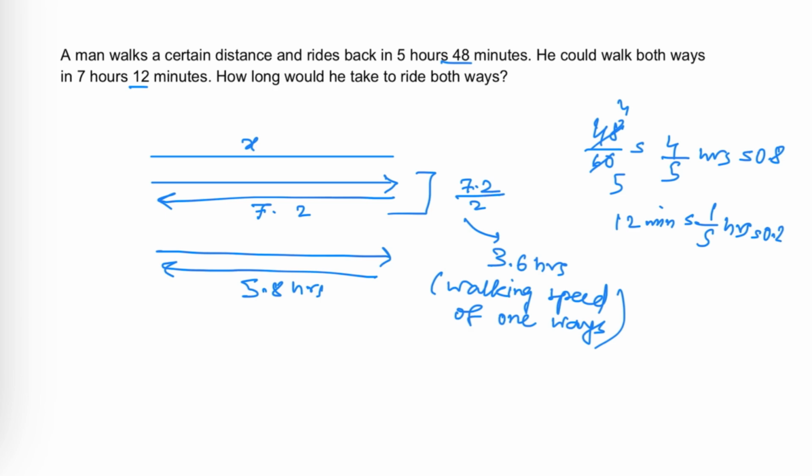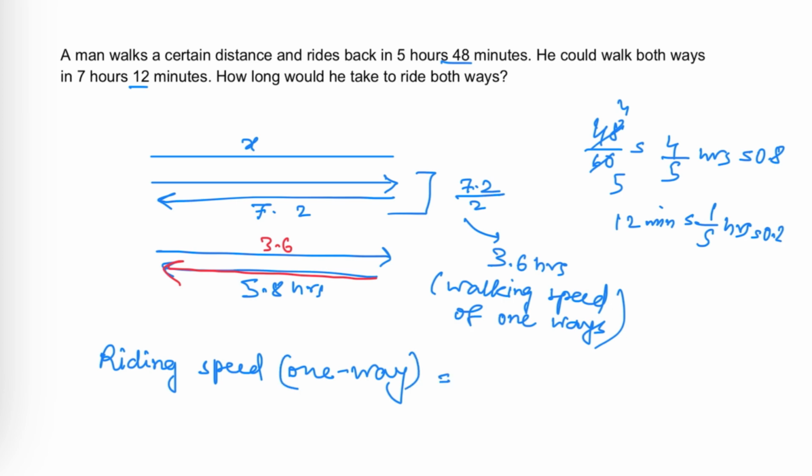Okay, I will mark it like this. So this distance he had come by riding. So this one is 3.6. We have to find the riding time as well. So riding one way will be 5.8 minus 3.6, it will be 2.2 hours.